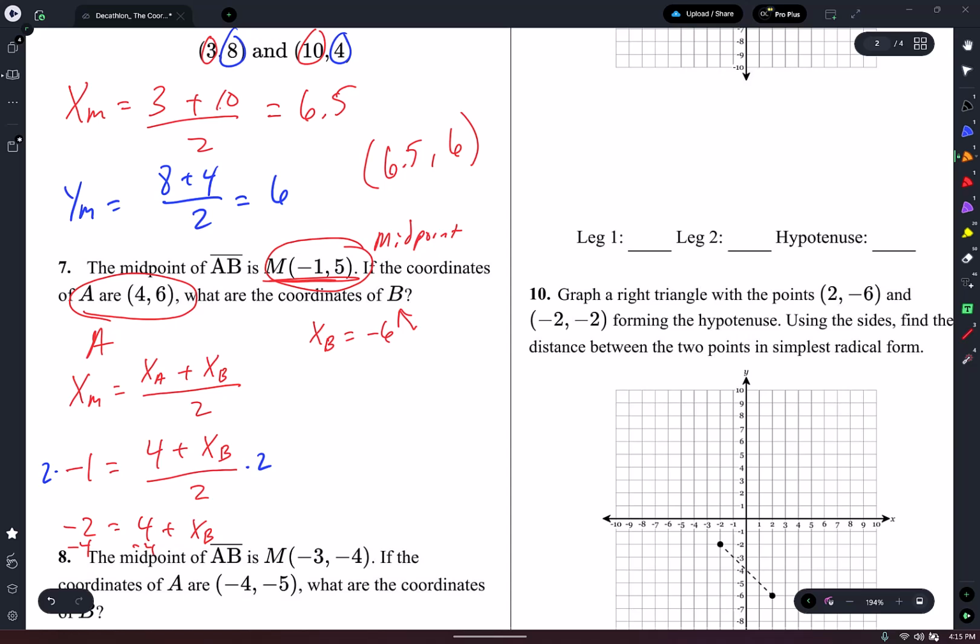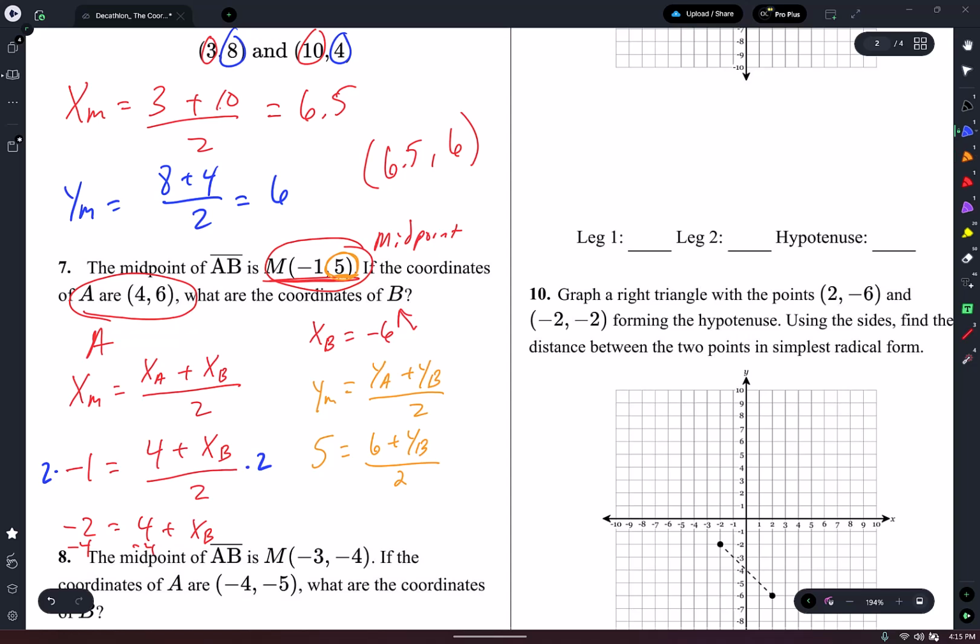Are we still okay? Now I've got to find my Y coordinate. Well, notice that the middle is 5. So I'm going to change colors. I'm going to go 5 equals the Y coordinate. Let me write the formula first. The Y coordinate for A plus the Y coordinate for B, divided by 2. So I guess I should have written this as YM, right? Okay, here we go. 5 equals 6 plus Y of B, the subscript of B there, divided by 2.